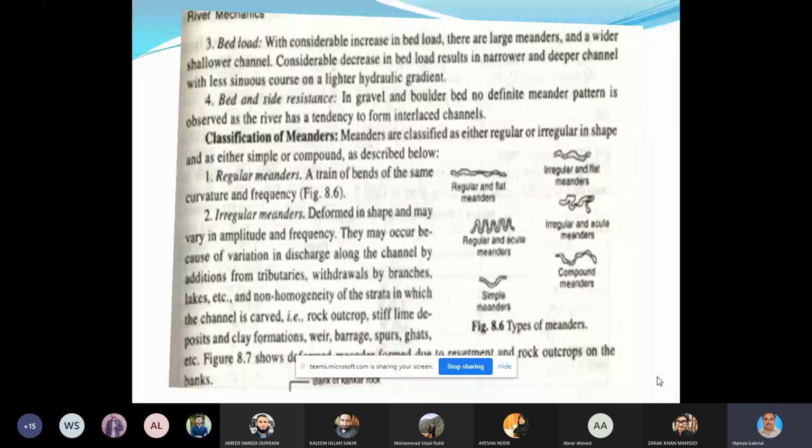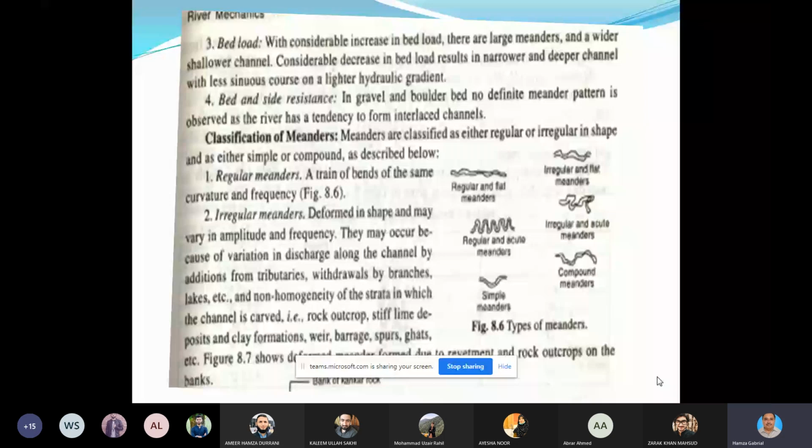Coming to the classification of meanders, we can classify them as they have different shapes. The broad classification is carried out as either regular or irregular in shape, or we can classify them as simple or compound meanders.